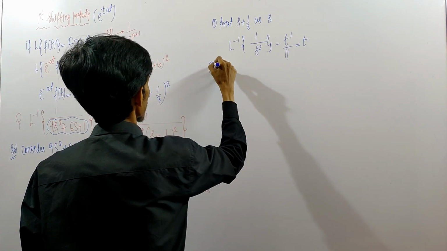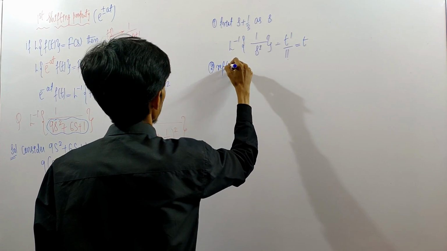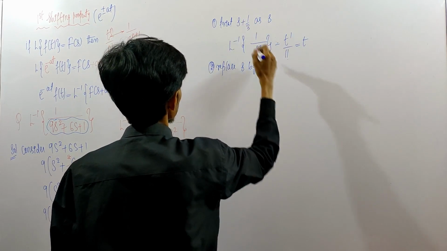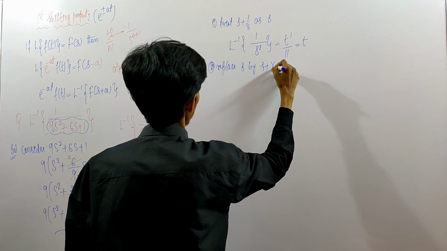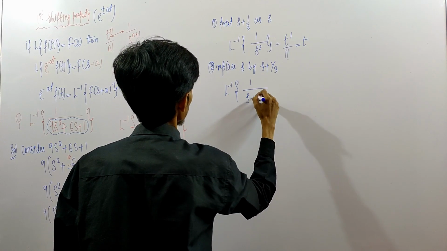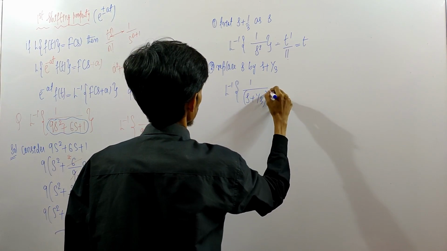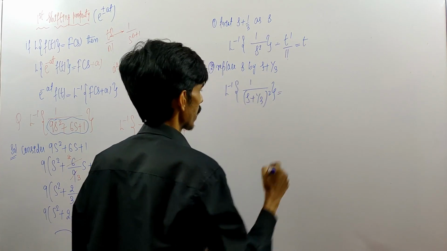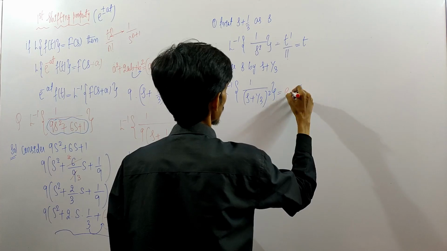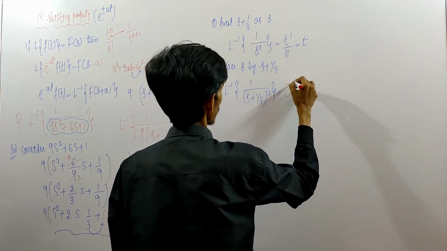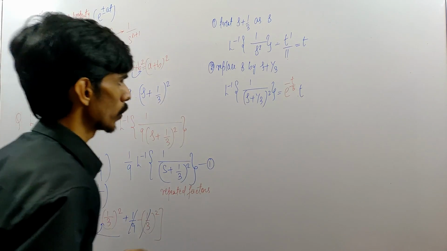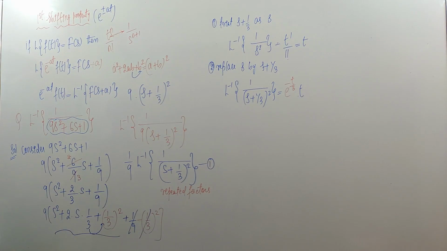Now the second step is to replace s by s plus 1 by 3. So we will get L inverse 1 by s plus 1 by 3 square. Then we will get t into the exponential term due to this replacement, e power of minus t by 3. So we have t into e power of minus t by 3.